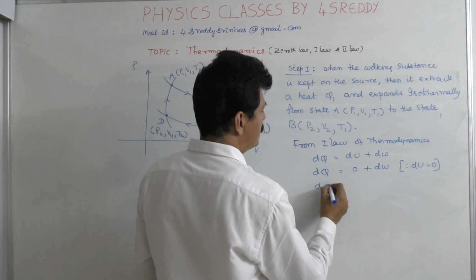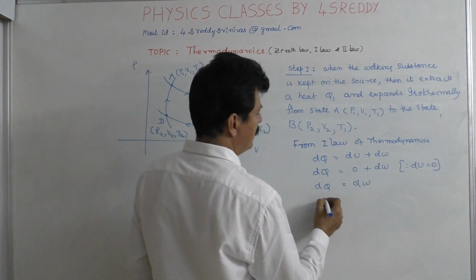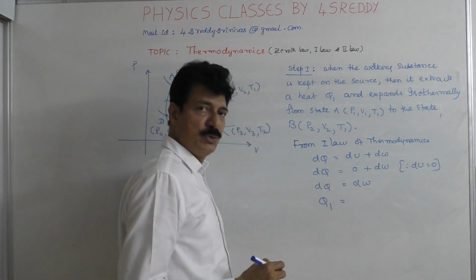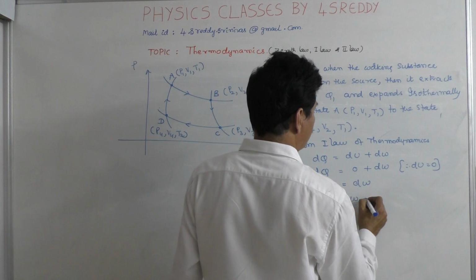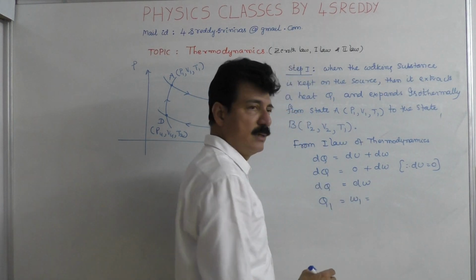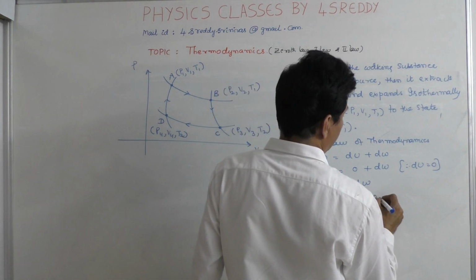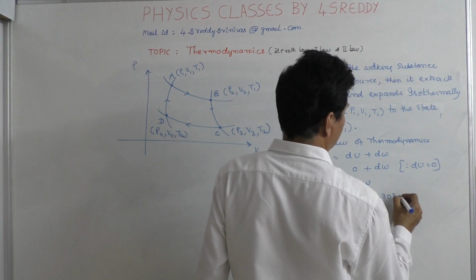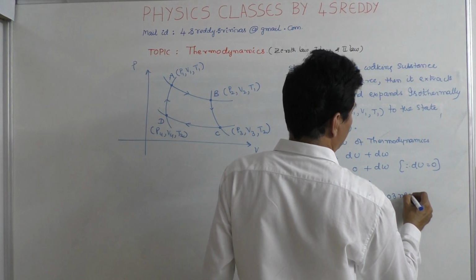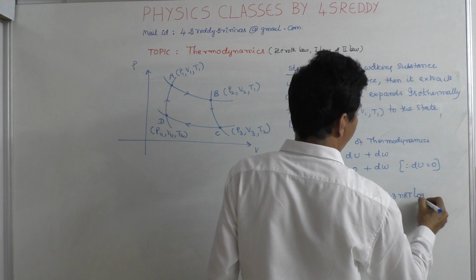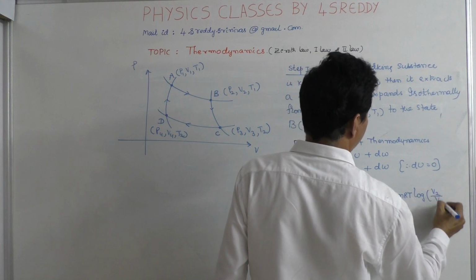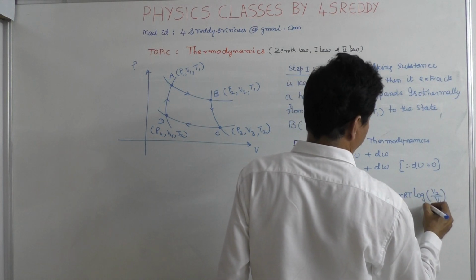Therefore dq is equal to dw, or otherwise here the heat extracted is Q1, which equals W1, which is nothing but 2.303 nRT1 log of V2 by V1 to the base 10.